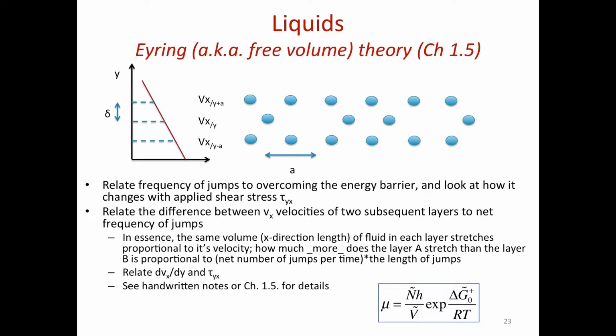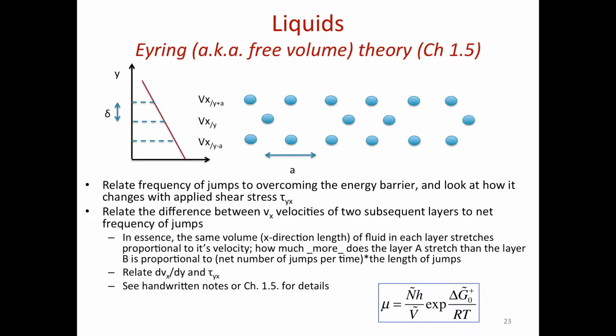So when I compare the two situations, if I have any kind of momentum transfer, meaning a difference in velocities, I'm going to relate these differences in velocities that I see between the layers to the frequency of those jumps.